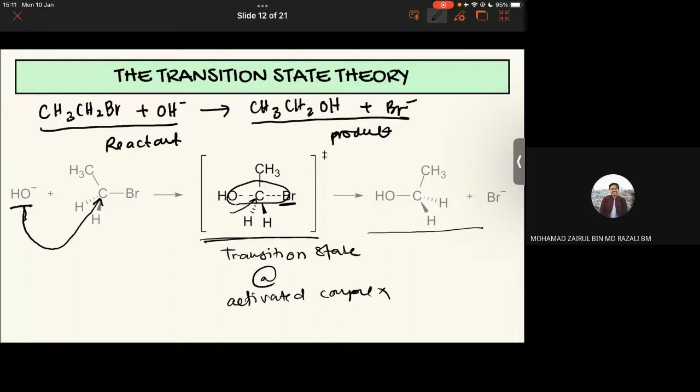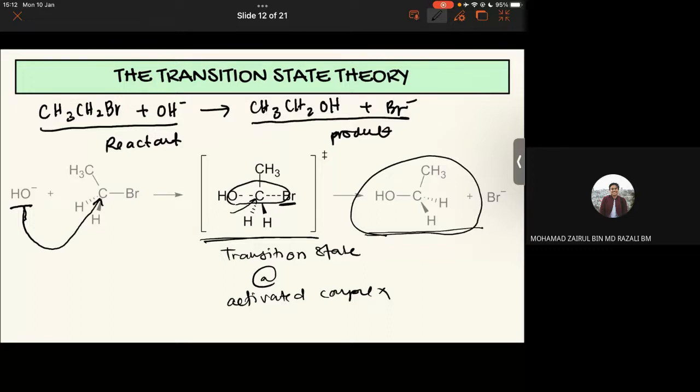Normally kalau kita nak isolate transition state tu ataupun activated complex tu, kita kena bondkan dia dengan satu benda yang stable yang betul-betul boleh hold dia in place so that kita boleh isolate dia. So normally yang kita dapat tu memang produk lah, tapi sebelum produk tu hasil, dia mesti undergo satu stage yang kita panggil dia sebagai transition state atau activated complex.